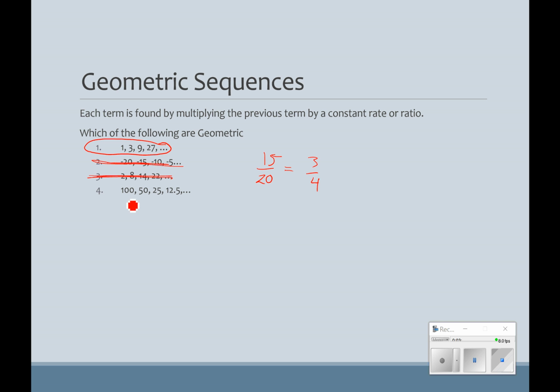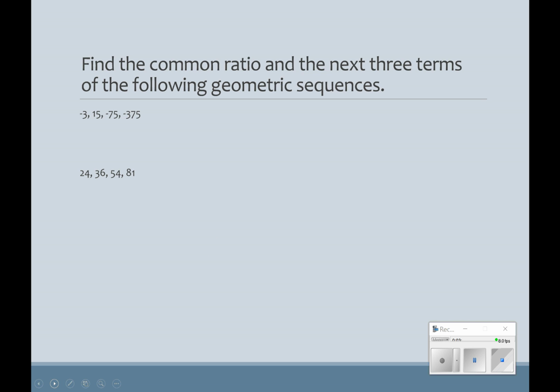Example 4, it's 100 divided by 2 gives me 50, divided by 2 gives me 25, divided by 2 gives me 12.5. And remember, dividing by 2 is the same as multiplying by 1/2. So this is a geometric sequence, and our ratio in this case is 1/2. And that's fine. Okay.